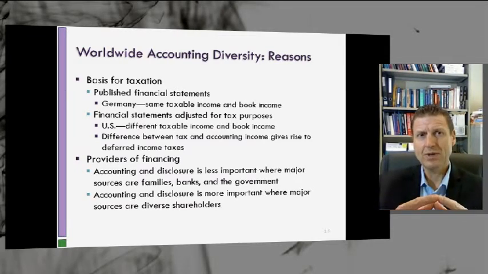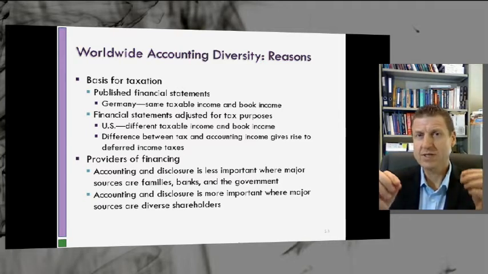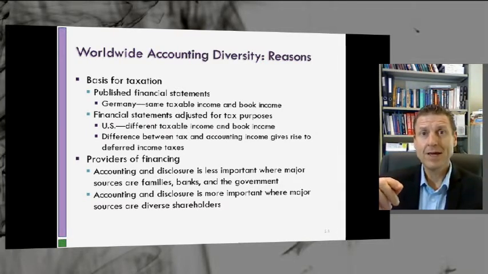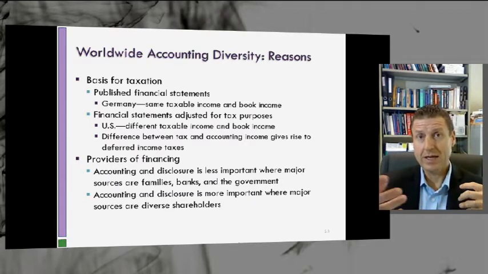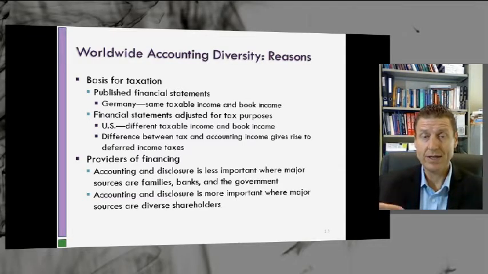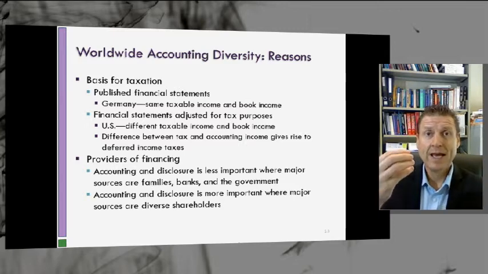And so what happens when the taxable income is different from the accounting income, then in order to reconcile the differences, for example, in the US, in the UK, in Australia, where there are differences between book income, accounting income, and taxable income, we have to make an adjustment in the accounting statements, and we call that a deferred tax liability.